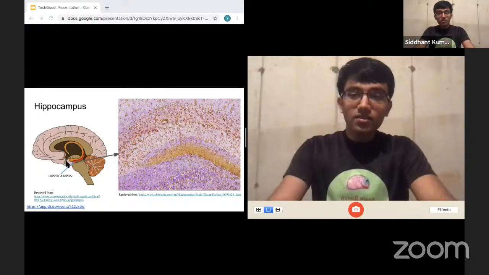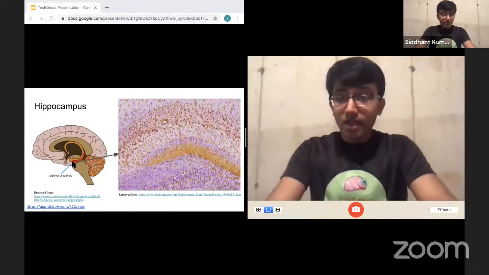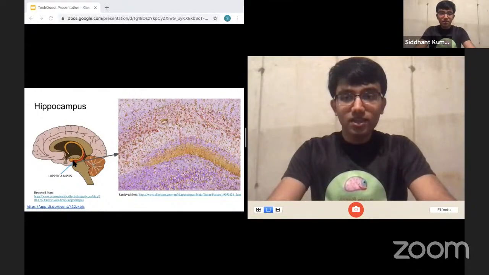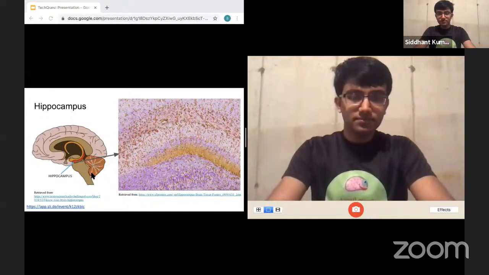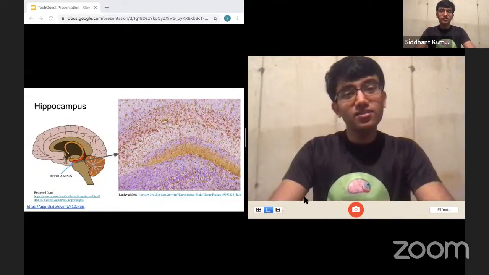Look, this part of the brain right here, this bulge, is called the amygdala. The amygdala controls our emotions. And as you can see, it's right next to the memory center, which is the hippocampus. So why is it that these two are so close? Why would the memory center be right next to the emotion center?